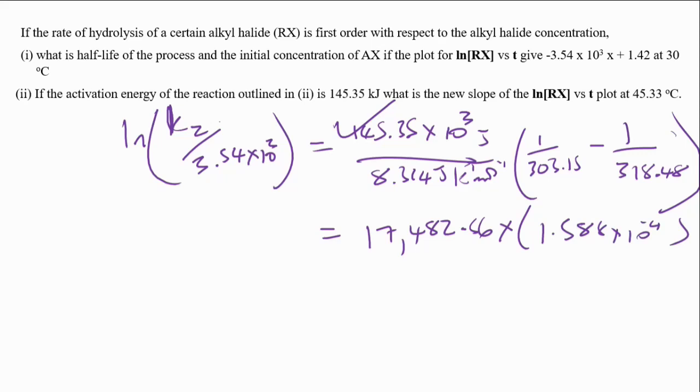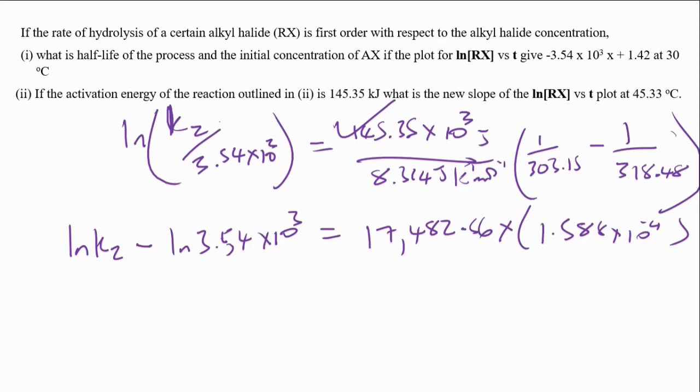Over on this side now, what I could do is a little separation, which says that ln K2 minus ln 3.54 times 10 to the 3, because you know the natural log of a ratio says that the difference is the same thing.